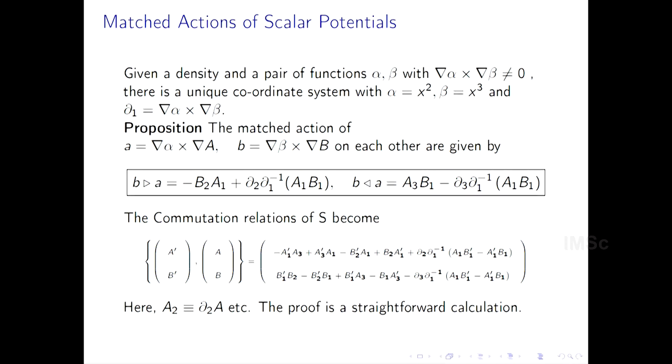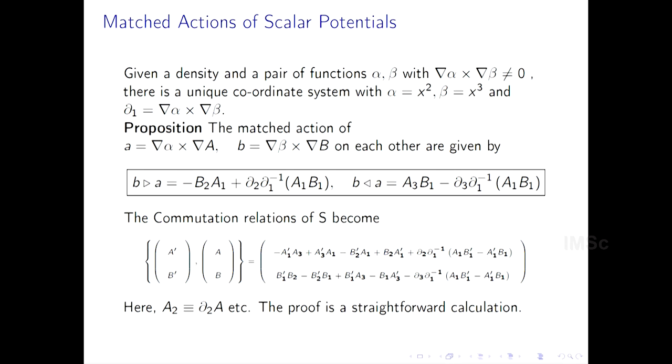So we can translate the commutation relations of vector fields to some sort of Poisson-like brackets on A and B. In fact, the bracket of two things of type A and the bracket of two things of type B are indeed Poisson brackets. So the question is, what is the bracket of something of type A with something of type B? And that involves one of these actions of B on A and A on B.